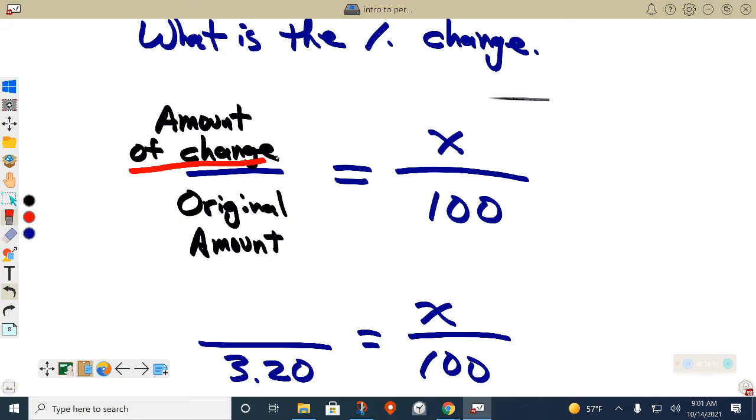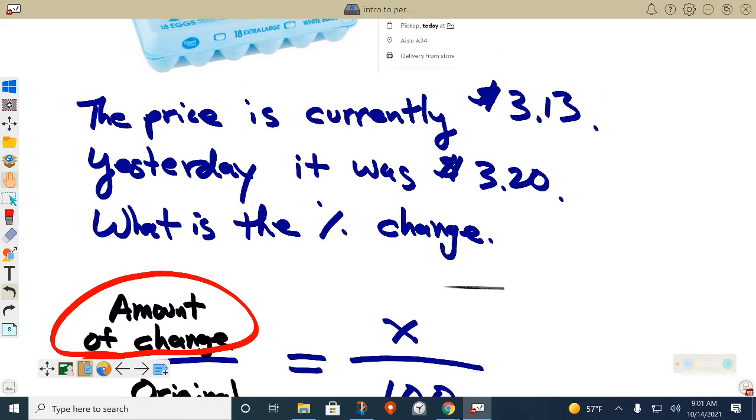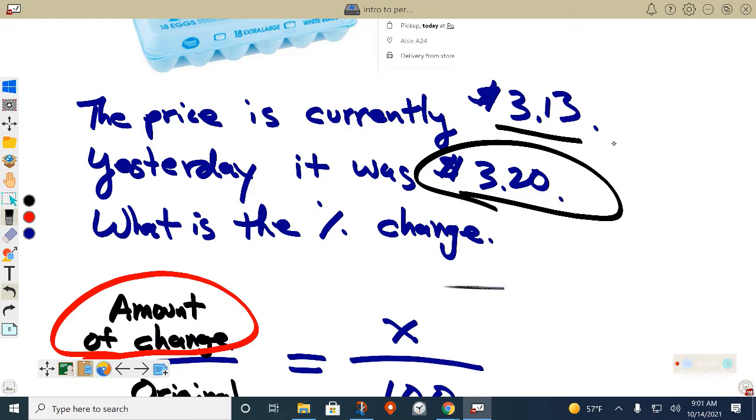The amount of change from the old and the new. From the old price of eggs to the new price of eggs, how much did it change in dollars, in money? Watch. From yesterday's price to today's price of eggs, it went down 7 cents. You just subtract the two, the smaller from the bigger.